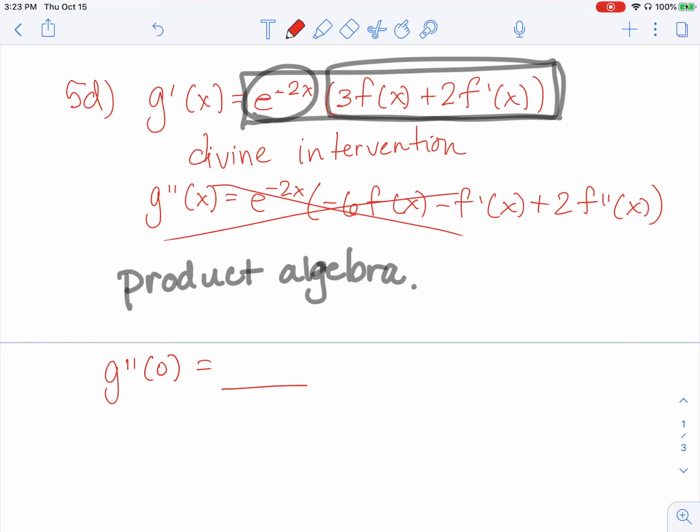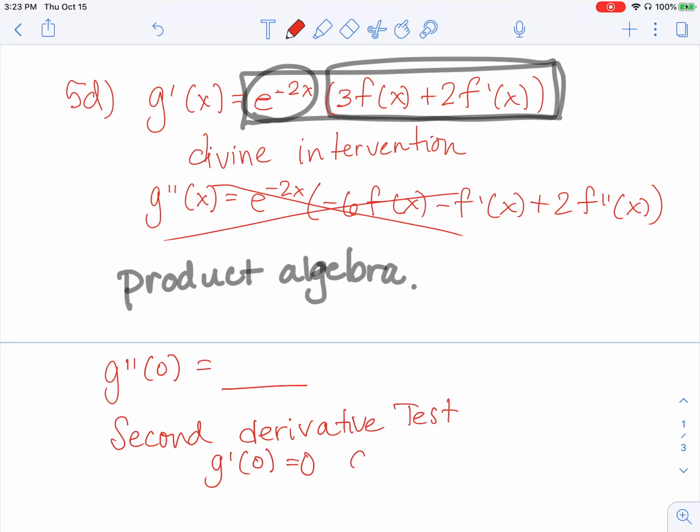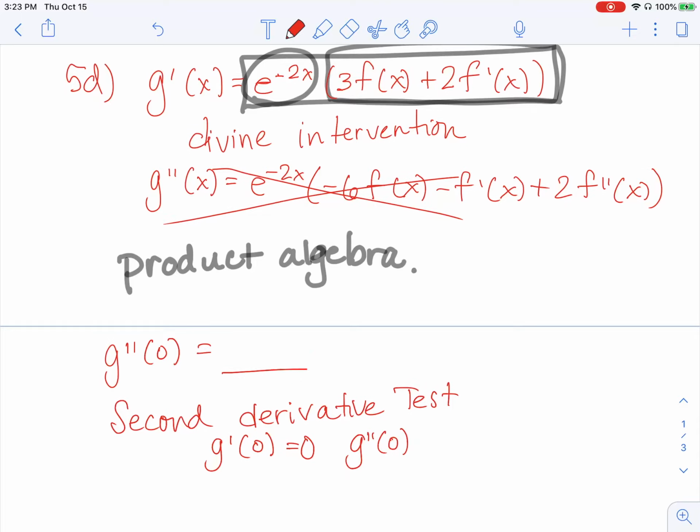So whatever that g double prime is, by the second derivative test, you're going to tell me, is there a max or a min or whatever? It says local maximum, okay? So we need to know g prime of 0, which we already know is 0 from part C, and then you have g double prime of 0, okay? You can go from there.